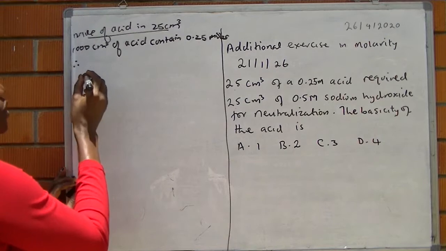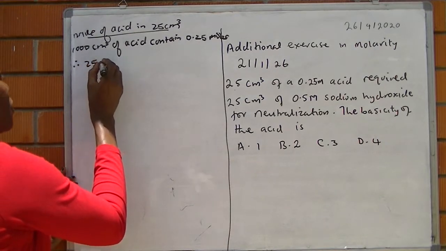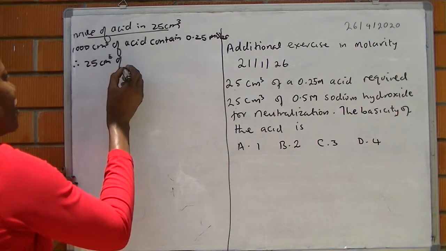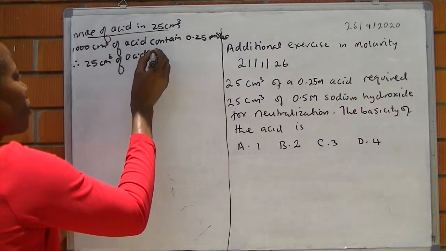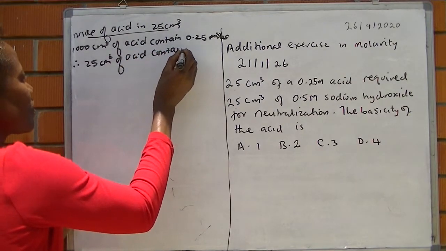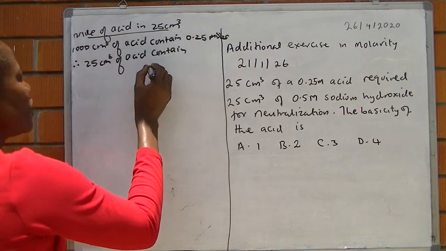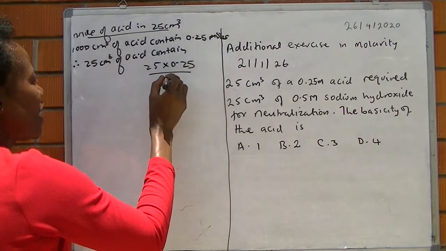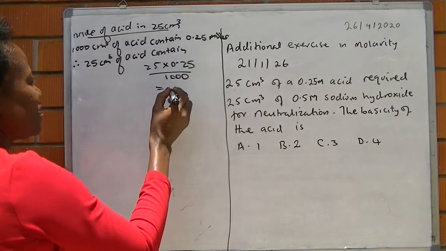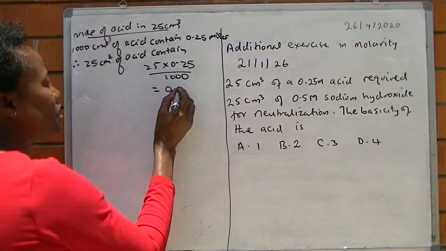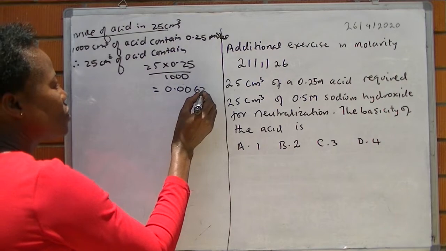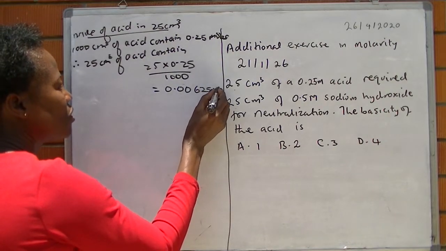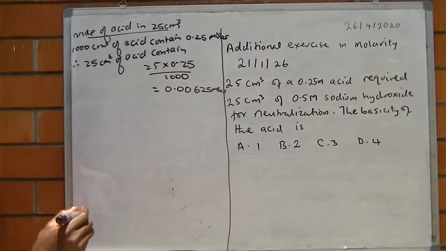What about 25 cubic centimeters of the acid will contain, we cross multiply 25 times 0.25 over 1,000, and the answer is 0.00625 moles. So these are the moles of acid in 25 cubic centimeters.